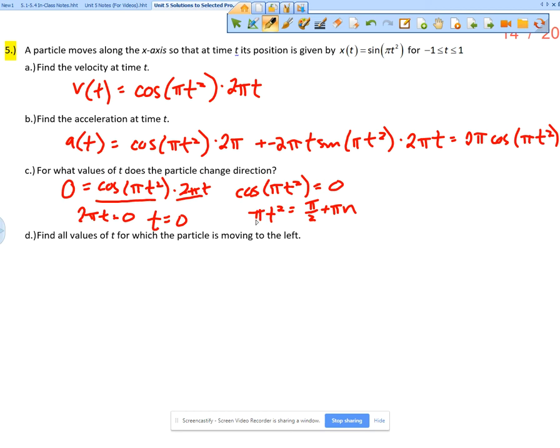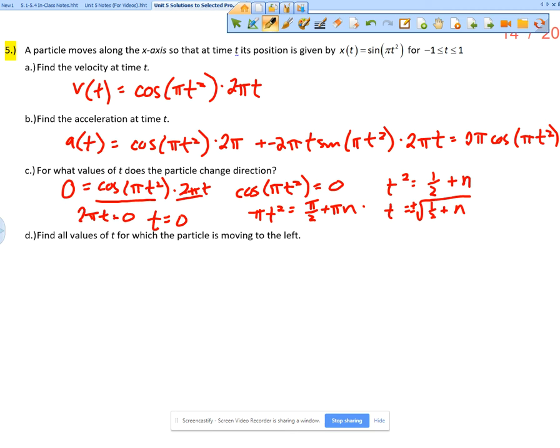So now we're going to divide by pi. I get that t squared is equal to pi over 2 divided by pi, so that's 1/2, plus n. Then I square root, and I get that t is equal to plus or minus the square root of 1/2 plus n.